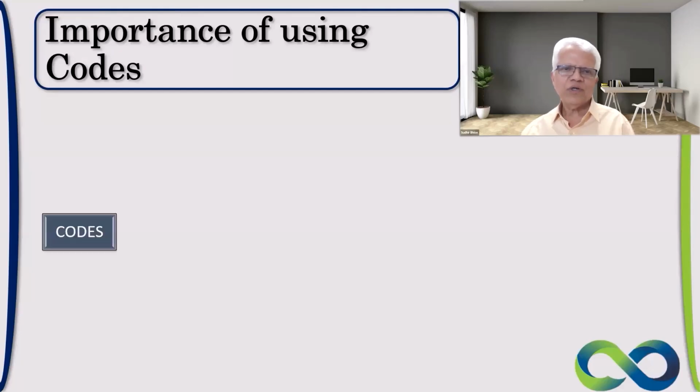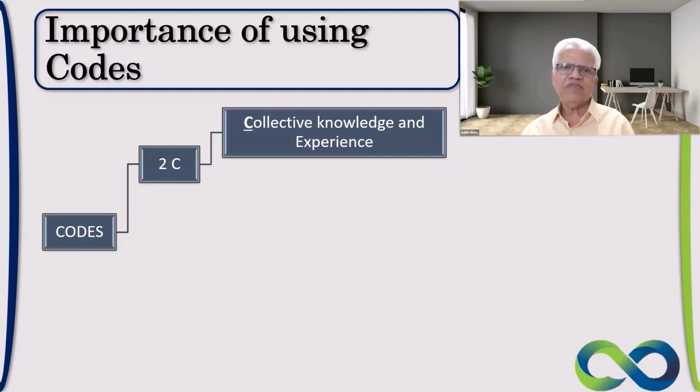So the codes can be summarized in their utility by very simple alphabets. We have to remember 2C. What are those two C standing for? Number one, the first C stands for collective knowledge and experience.